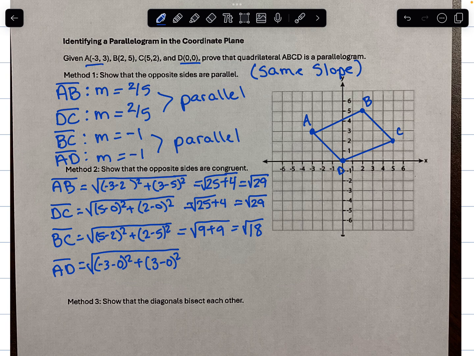So same idea, negative 3 squared is going to give us positive 9. 3 squared is going to give you also positive 9. Okay. Not too bad, right? I know this one takes a little more time, but I think most of us are used to using distance formula. Okay? Questions on either of those?